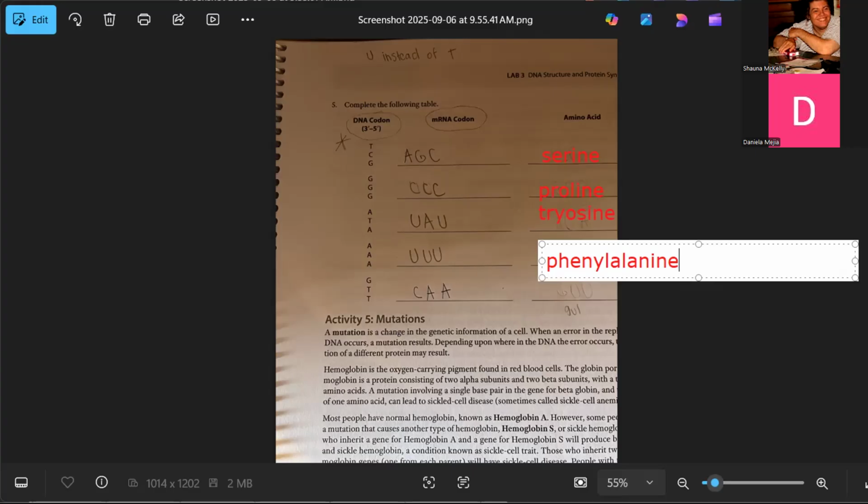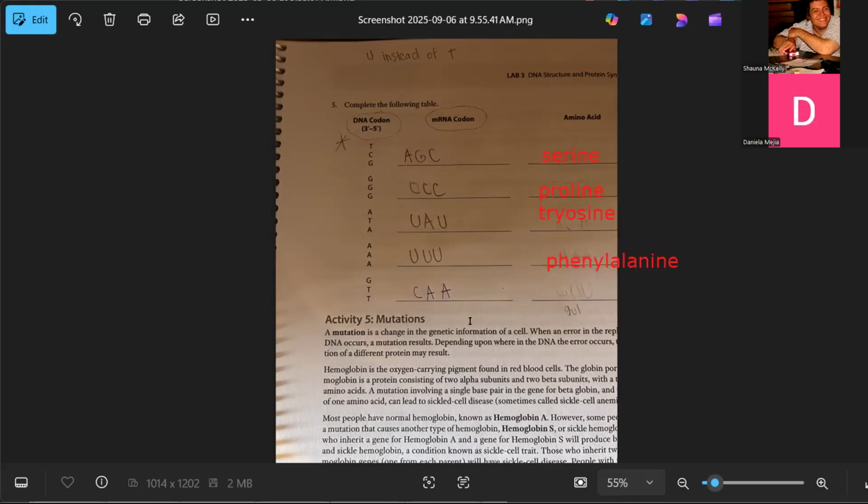And CAA. Let's look at CAA. What is that? Well, here's my first base C, my second base is A, and my third base is A. So it's a stop codon.